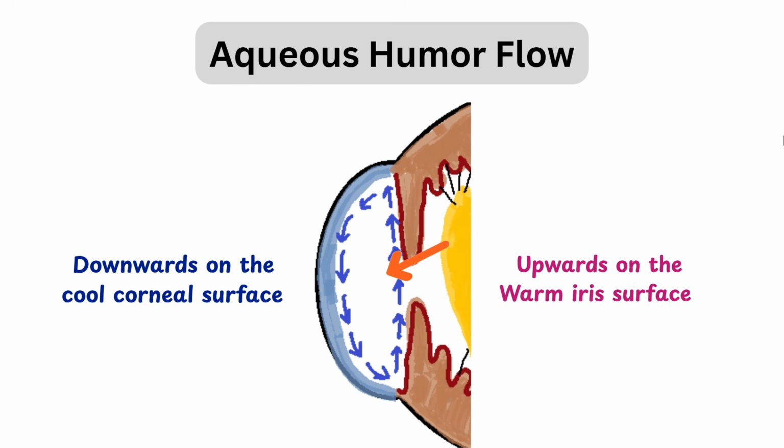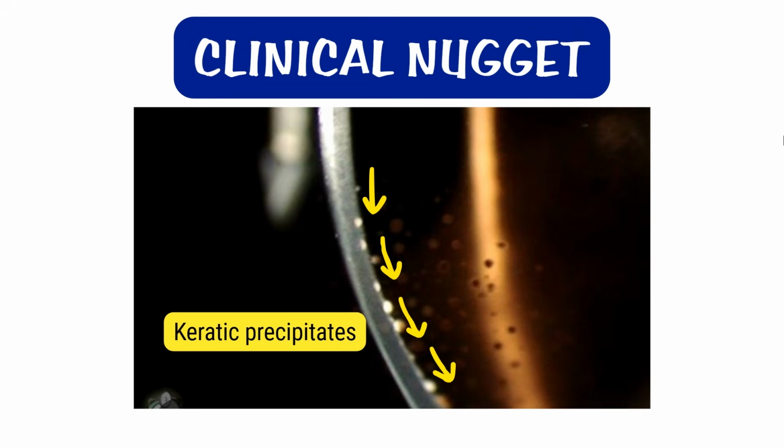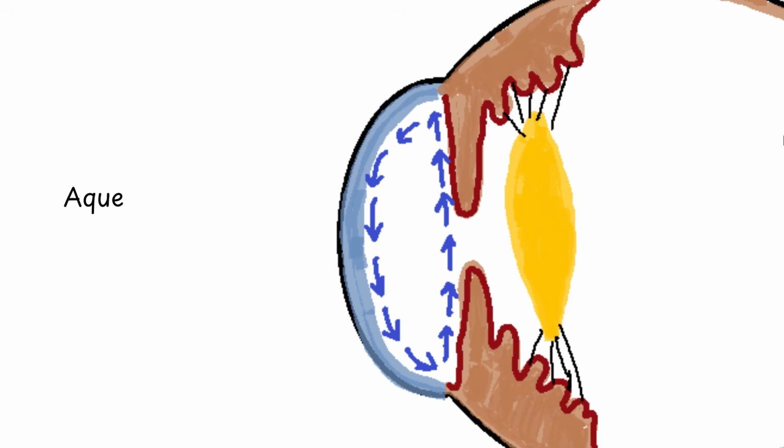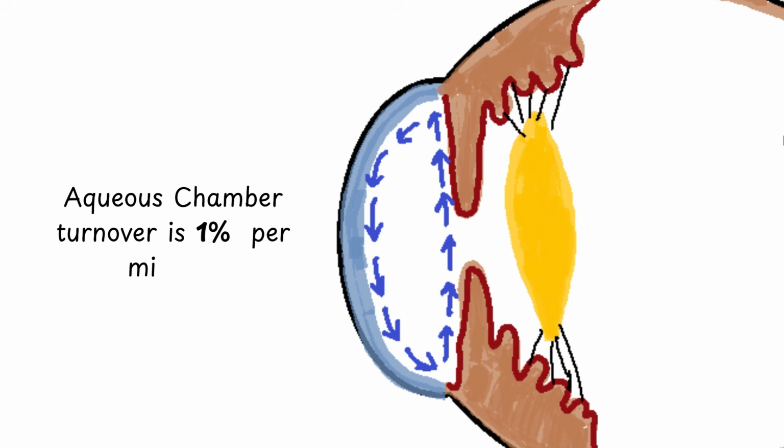These convection currents, that is downward direction of flow on the cornea and the upward direction of flow on the iris, is responsible for the deposition of the inflammatory cells, that is the keratic precipitates, on the inferior surface of the endothelium.